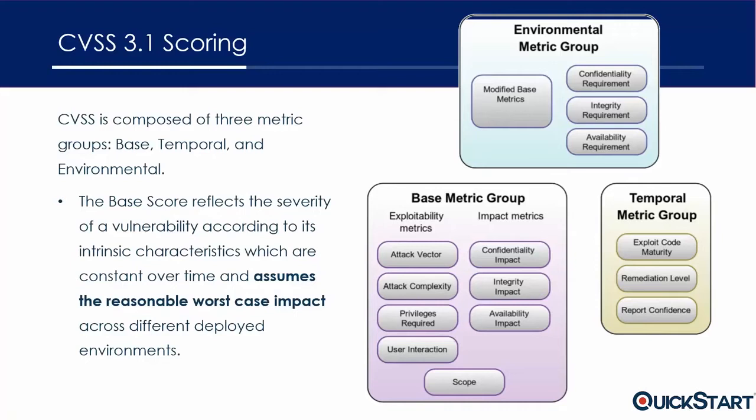We're scoring a single CVE for a particular piece of software. And what you need to do is get a base score first. What is the base vulnerability score for this vulnerability that has been identified?